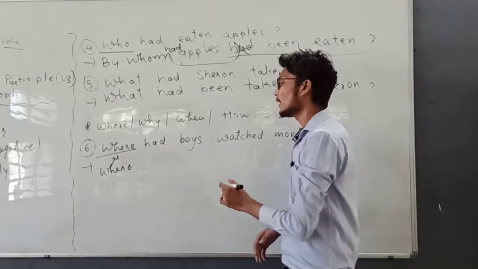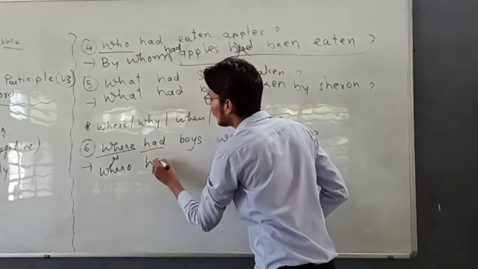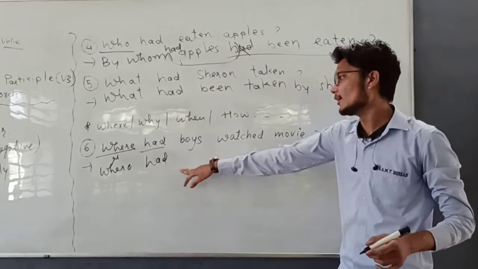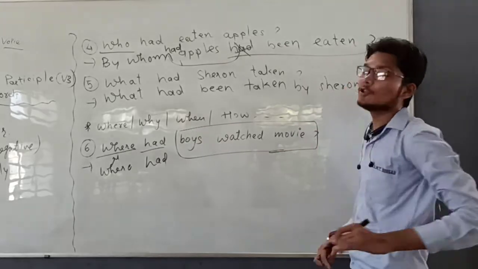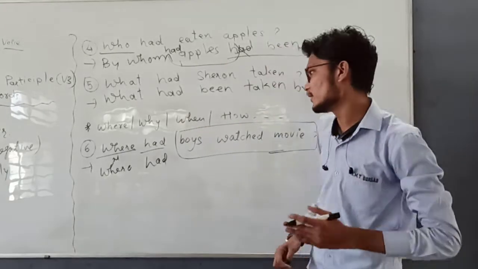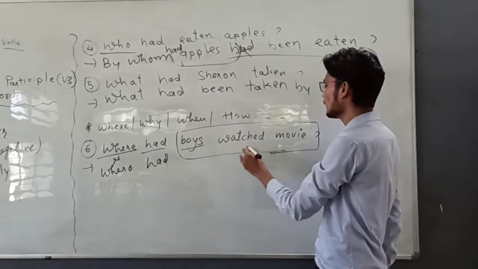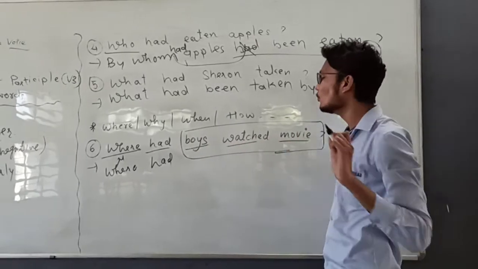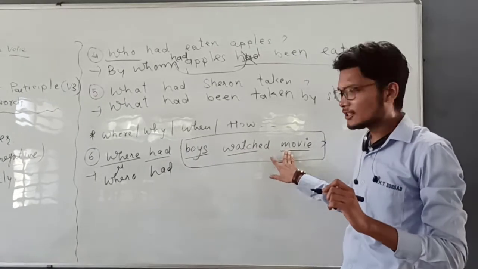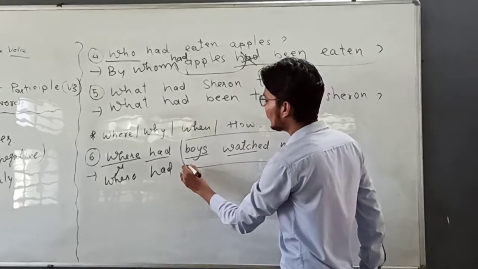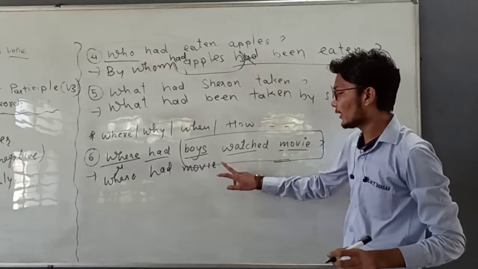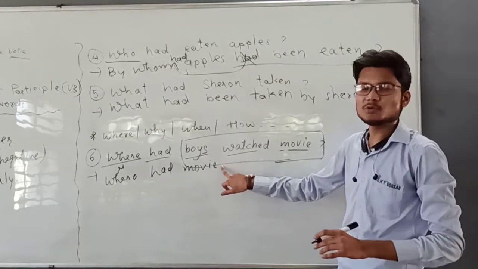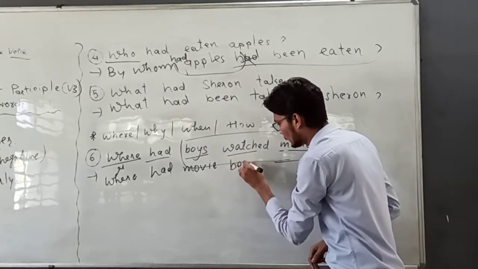Then put "had" also. Where had. Now from this portion, you have to find out subject, verb and object. What is your subject? That is boys, verb watch, and movie. Put the object here. Where had movie. After movie, you have to add "been".